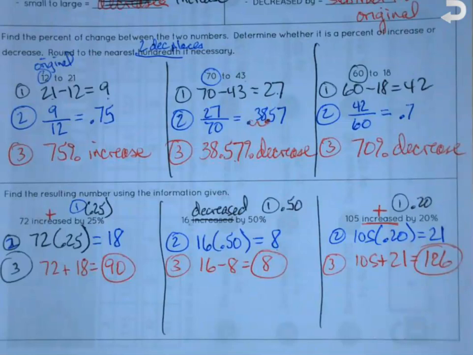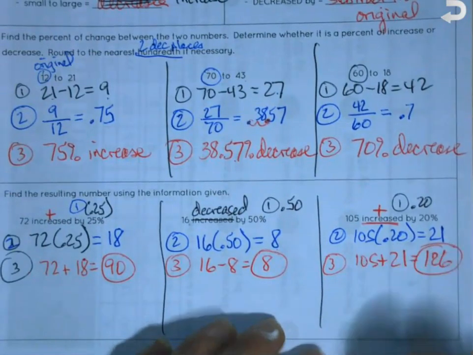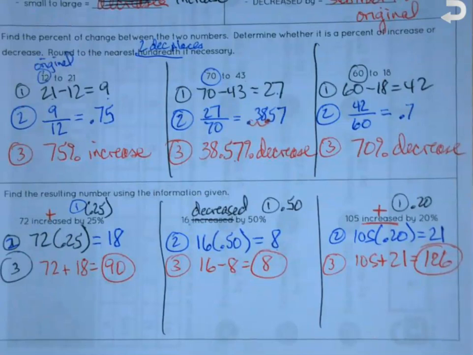So increased, it should have gotten bigger. Bigger by 20%. 20% of 105 is 21. We add those up and we're set.